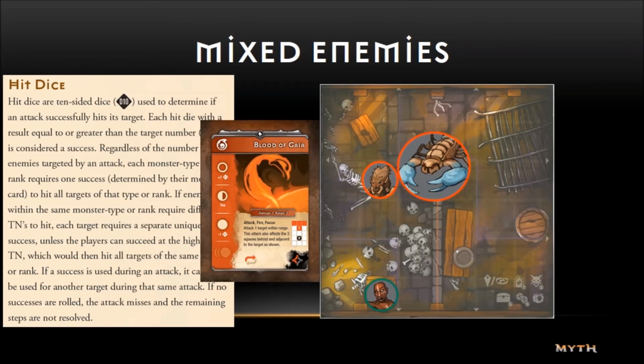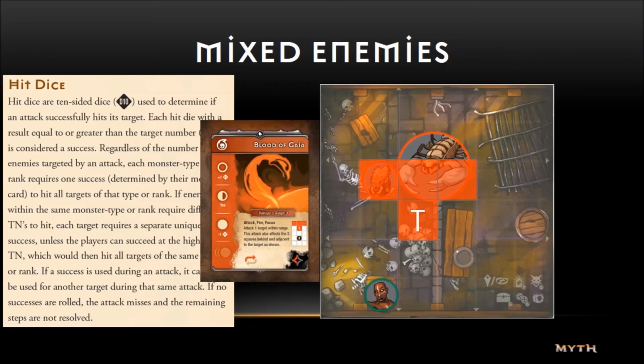And to do Blood of Gaia, again, we've talked about this already in a prior part of the video, I would go ahead and determine what the target square is for Blood of Gaia, and I might select this square here, and then fan out the cone behind that target square, or in this example, above the target square, and it would make this type of pattern that you're seeing on the screen. It would allow me to engage both of those monsters with this single attack.